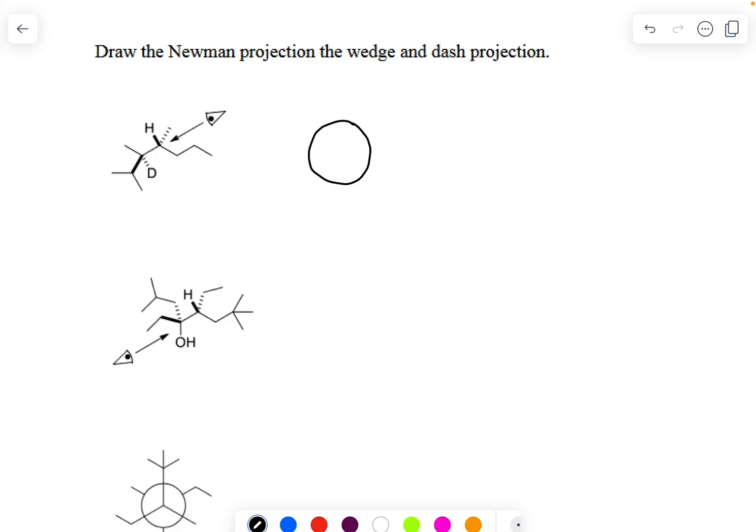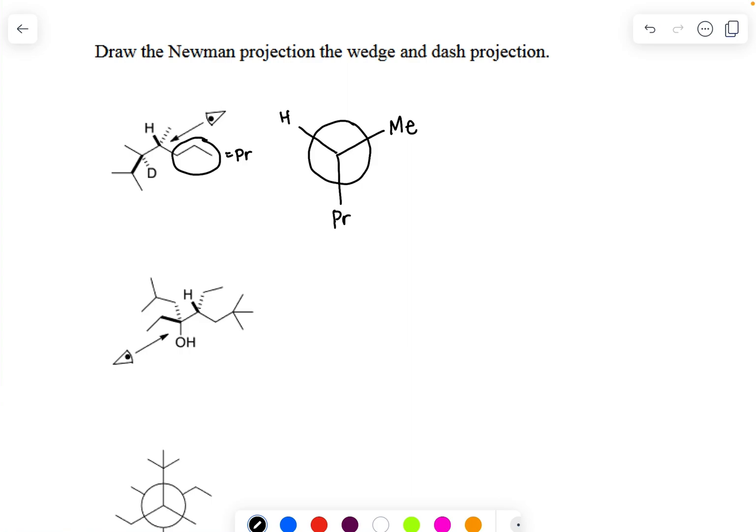So for this one, if I imagine I'm looking at the molecule from this direction, my hydrogen is facing the left, and what's going down is this group. So this is a propyl. I'm just going to abbreviate this as PR for propyl. The hydrogen is facing the left, and I have a methyl that is going out to the right.